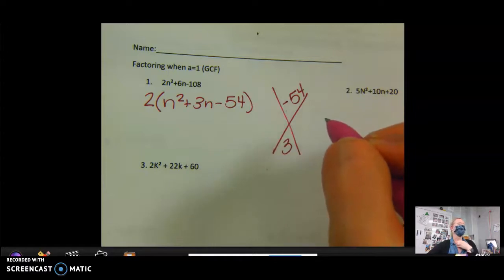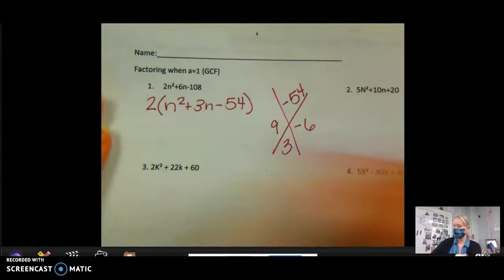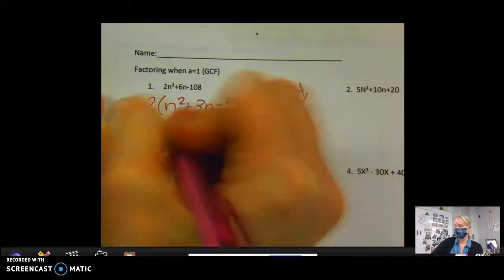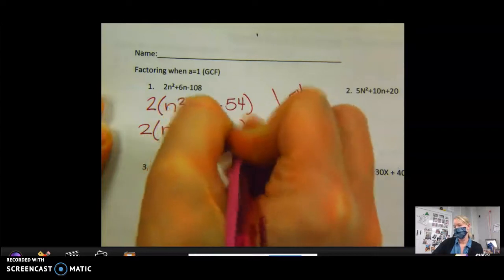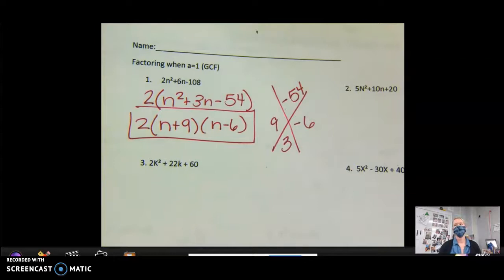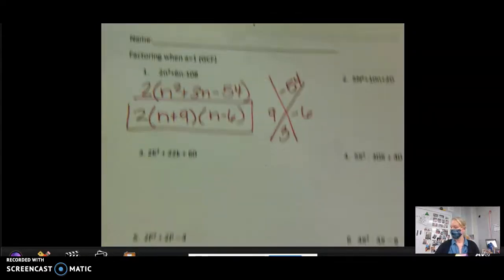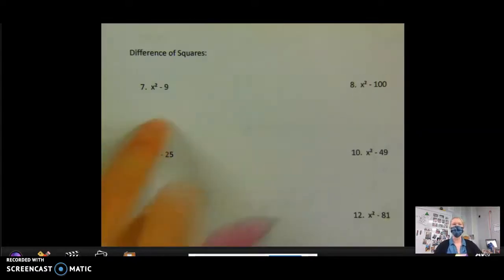What would it be? 9 and negative 6 is correct. So I get 2 parentheses, n plus 9, n minus 6. Questions on that?